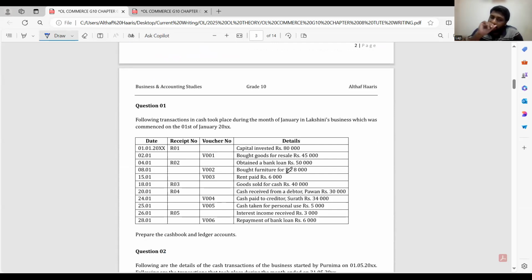Prepare the cash book and the relevant ledger accounts. So we'll do it, people. Take your item, everyone. I'll do it in Excel.